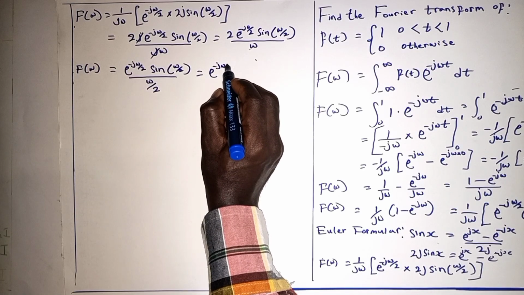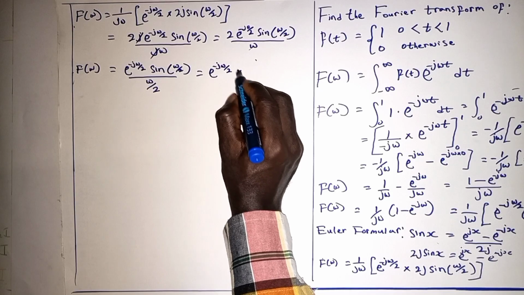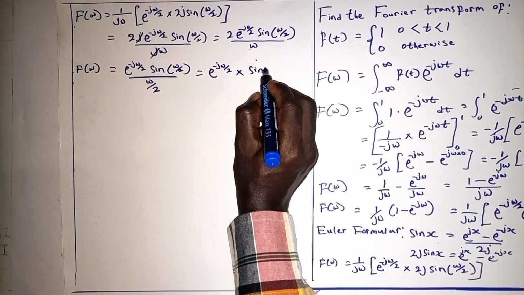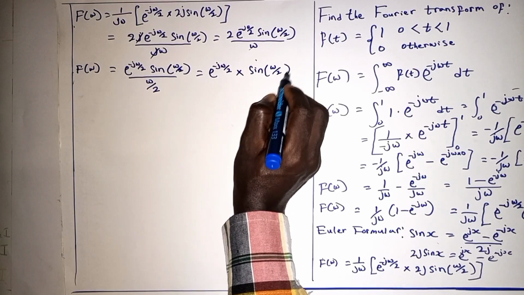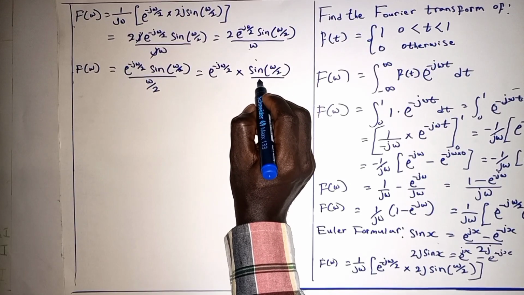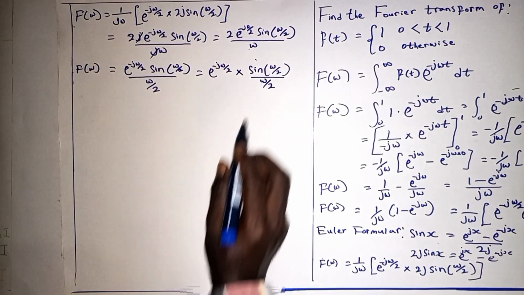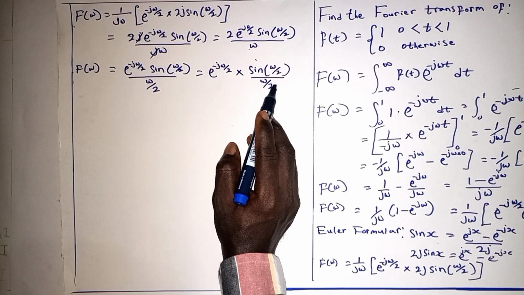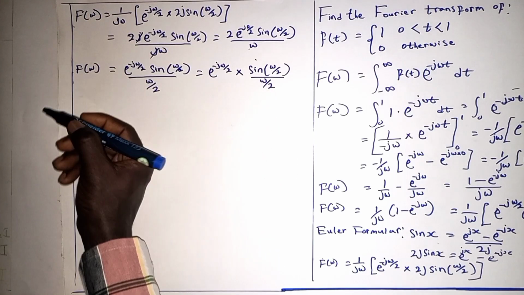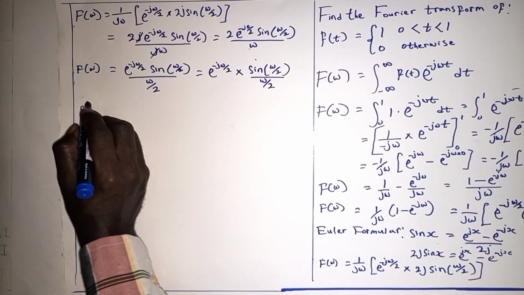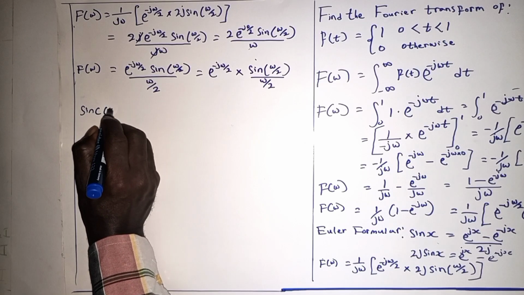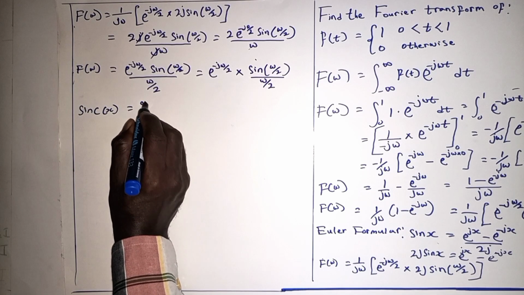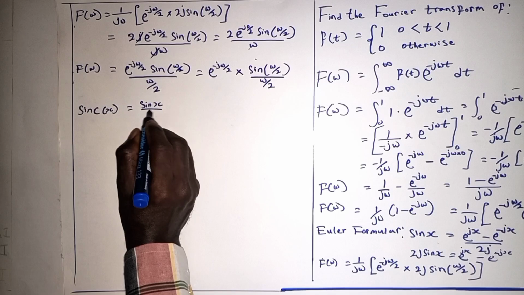I can write this as this times sine w over 2 over w over 2. Then this reminds us of the sinc function. You know that the sinc function of x is equals to sine x over x.